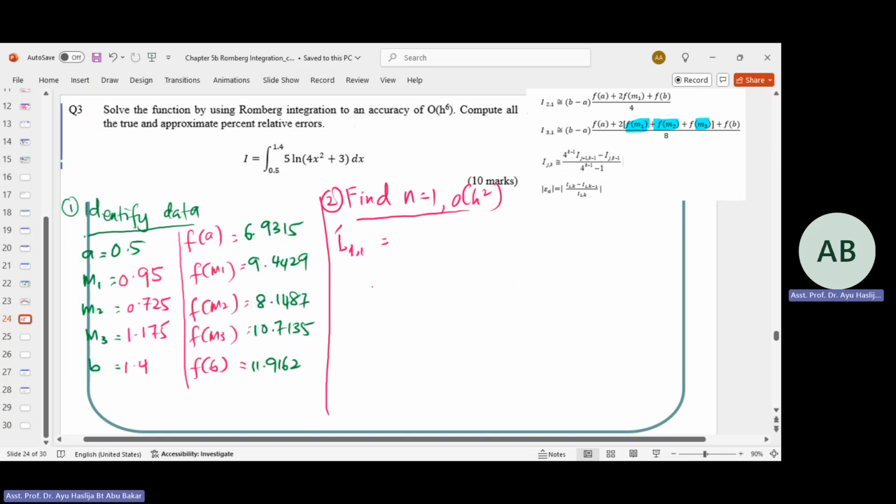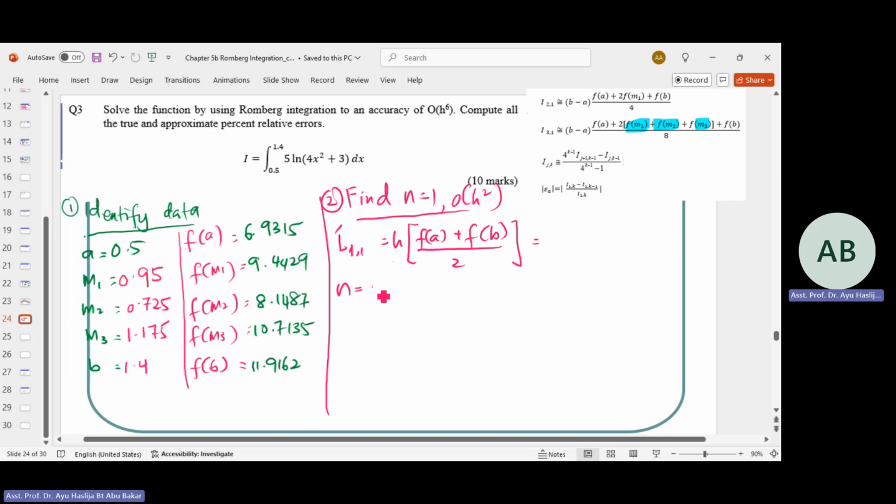Okay, I11 using the trapezoid rule. Okay, that one is for level 1, N equals to 1.